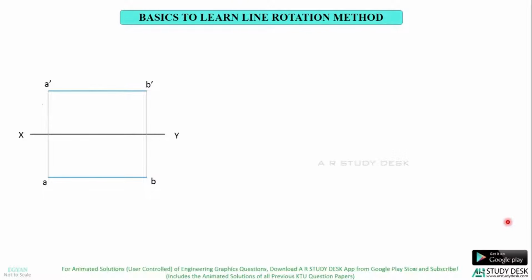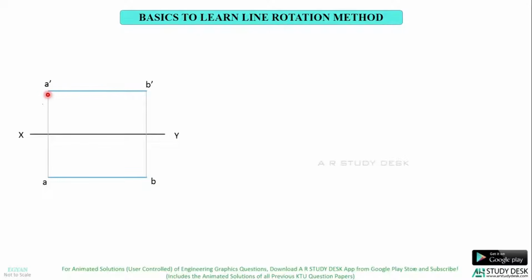Now, what did you understand from this drawing? Here, the front view A dash B dash is parallel to XY line and the top view AB is also parallel to XY line. What does it mean? In the previous lectures, we have studied that when you look at the front view, treat the XY line as HP.